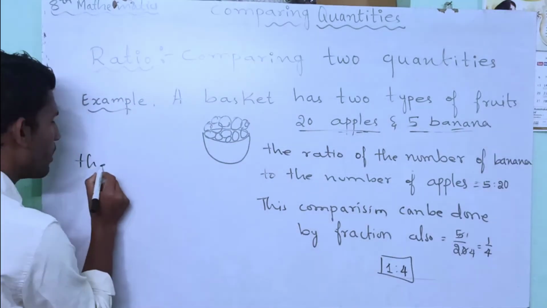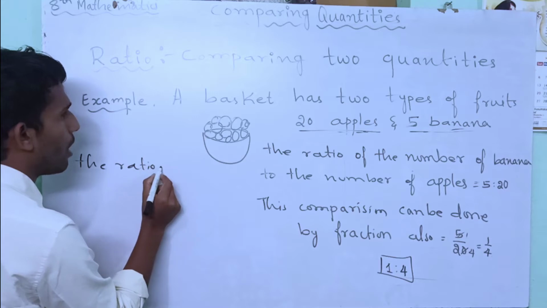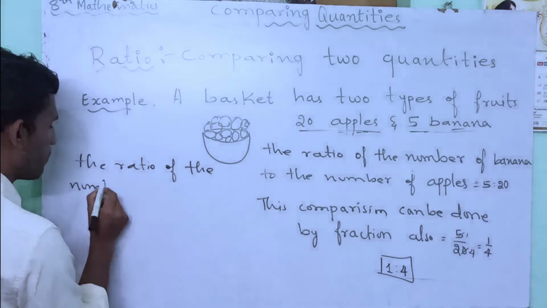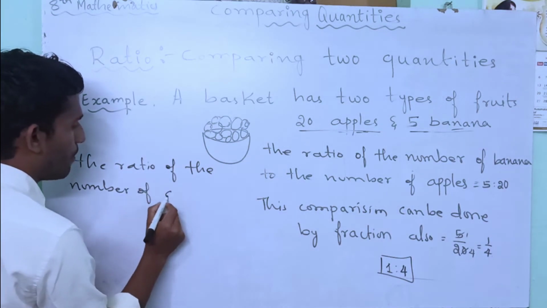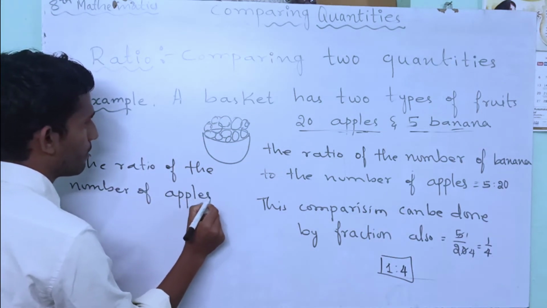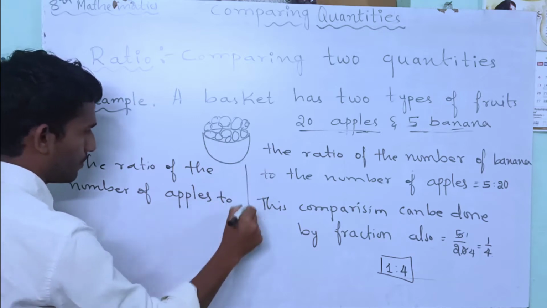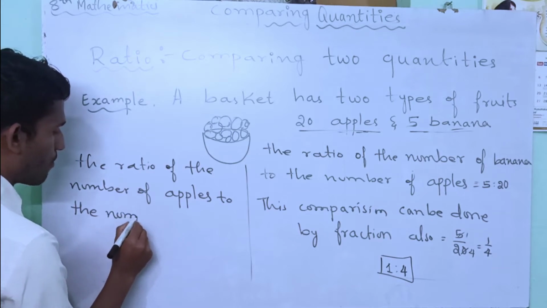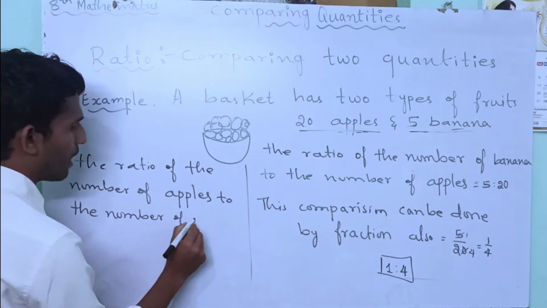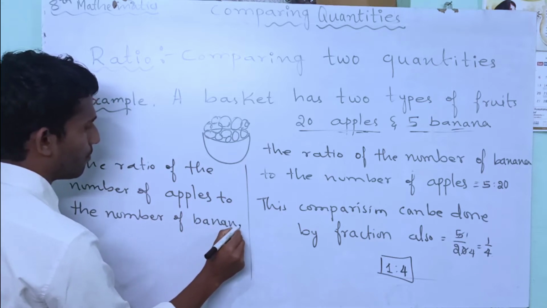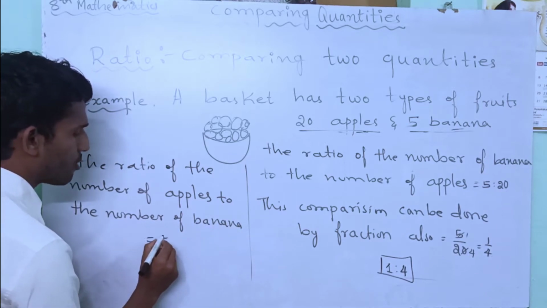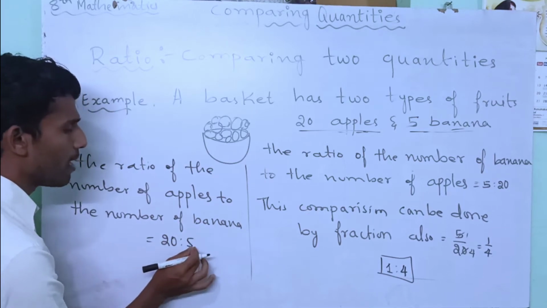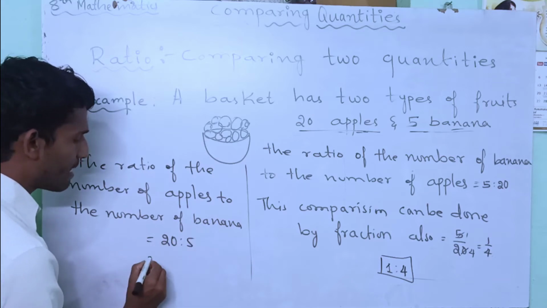The ratio of the number of apples to the number of bananas, we represent in ratio form as 20 is to 5, because apples are 20 and bananas are 5. Now we can write it in the form of a fraction.